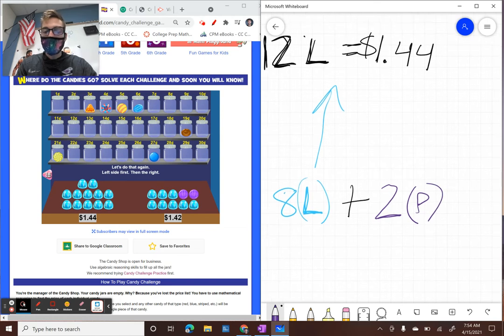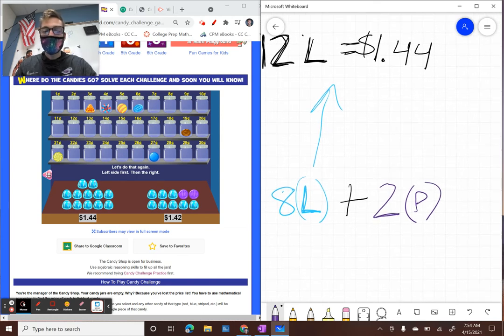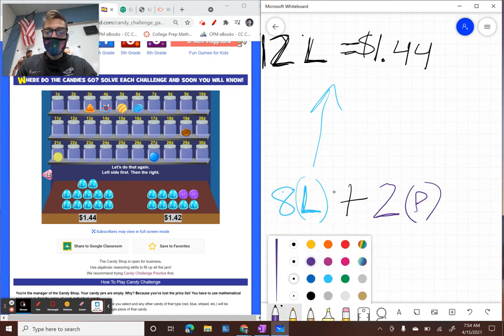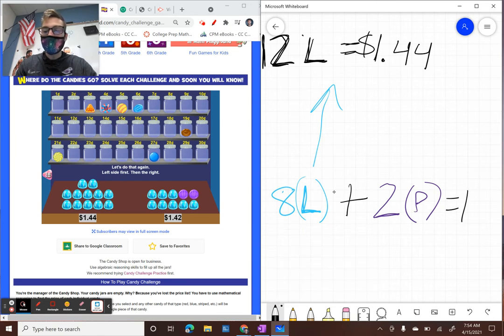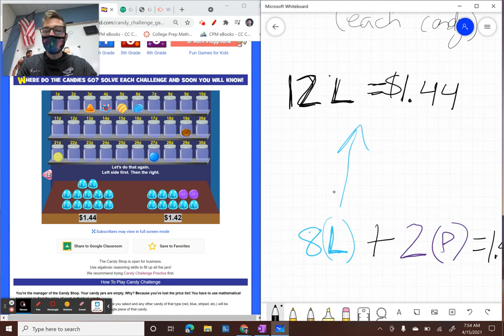So it's going to be 8L, so 8 times the cost of the light blue candies, plus 2 times P, the cost of the purple candies. And altogether, that's going to equal $1.42.